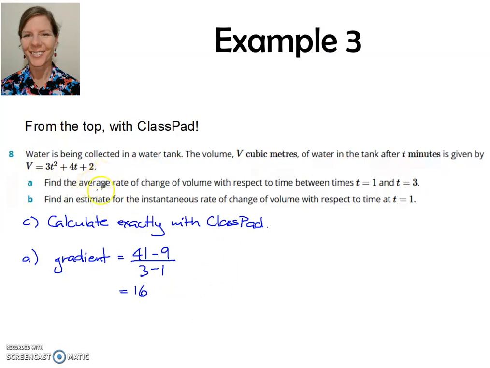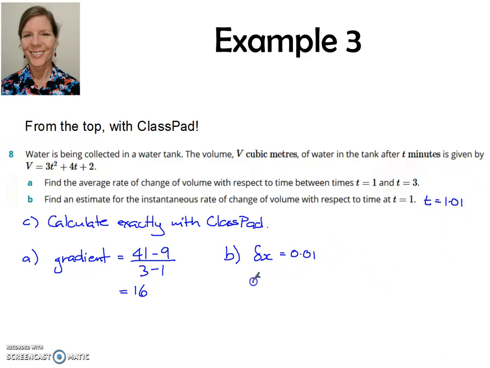Okay, so that's an average rate of change between t equals 1 and t equals 3. Let's do it now. We want to estimate, so this means we need a small interval. So let's let delta x equal 0.01. So we're going from t equals 1 to t equals 1.01.